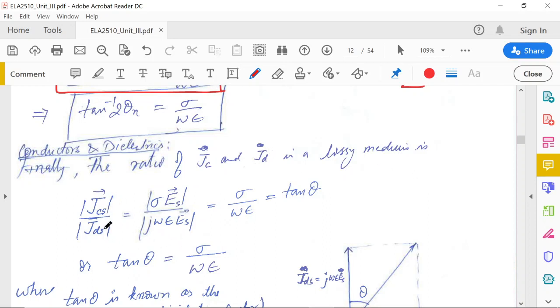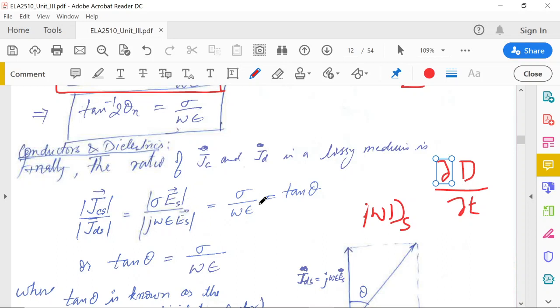The conduction current density is given by sigma Es, whereas the displacement current density is given by delta D over delta t. In phasor form, you get j omega Ds, and you can replace Ds with epsilon Es. So here is the displacement current density, and here is the conduction current density.